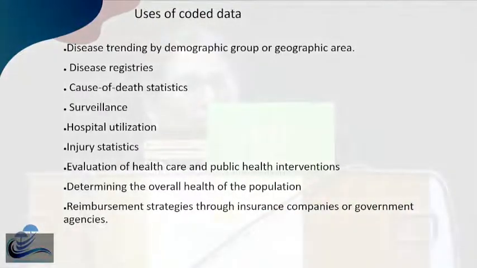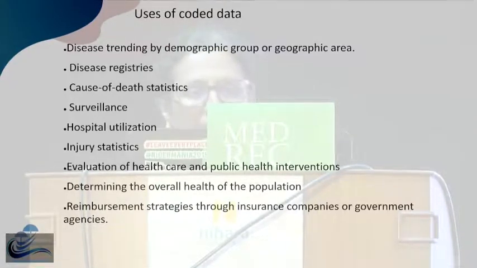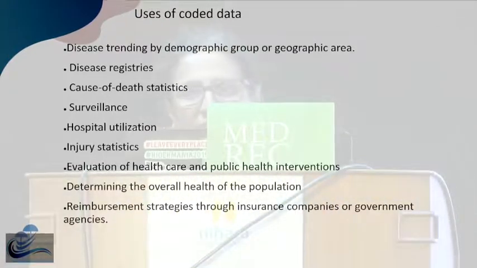In one state, if communicable diseases arrive, like dengue fever, the demographic group is studied. Disease registries like the cancer registry, tuberculosis registry, and hypertension cases are studied, and cause of death statistics.